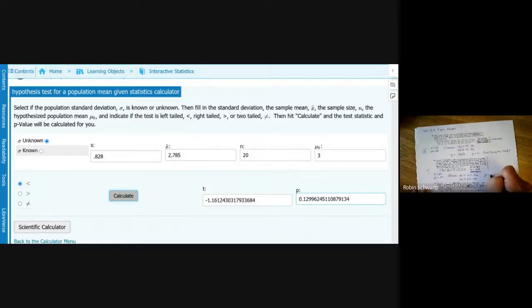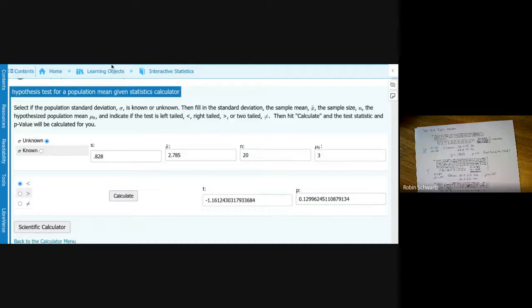The Ha sign, don't forget to click this over here. Ha has a less than in it. And then it's calculate. And again, it's the p-value we want. So I will stop presenting. It's p equals 0.130.